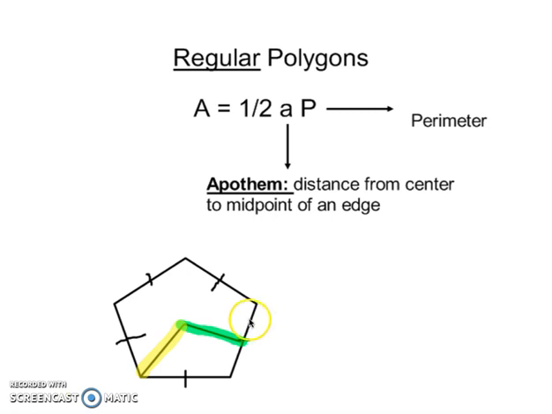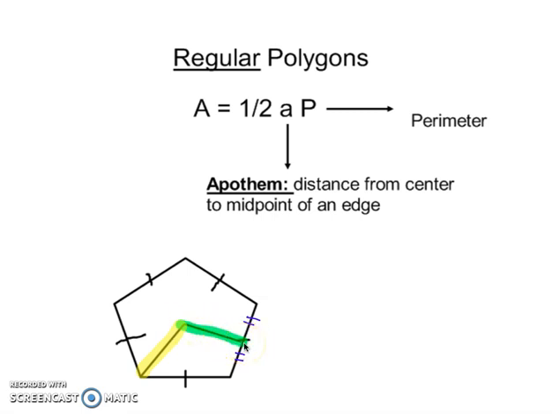The apothem is the distance from the center, so here's the center of our polygon, to the midpoint of an edge. That means this is congruent to this. This right here is the apothem.